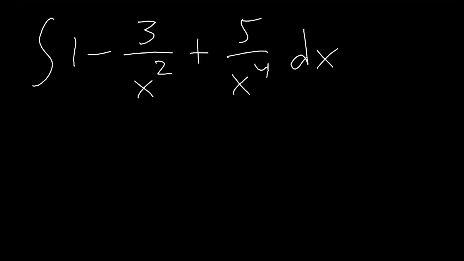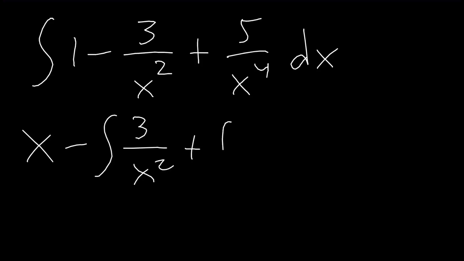So the integral of 1 is just going to be x minus the integral of 3 over x squared plus the integral of 5 over x to the 4th dx. Sorry, I forgot that. Yeah, it's very easy to forget writing dx, so make sure to always remind yourself to write that.